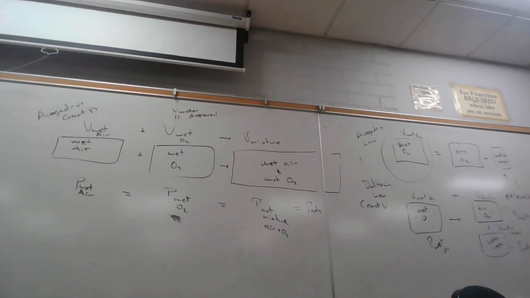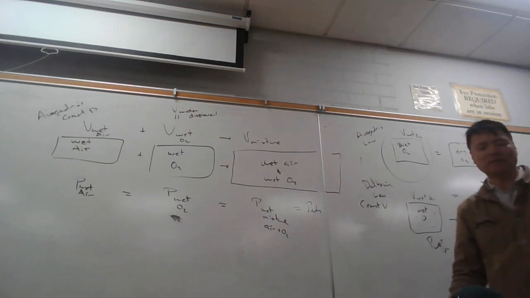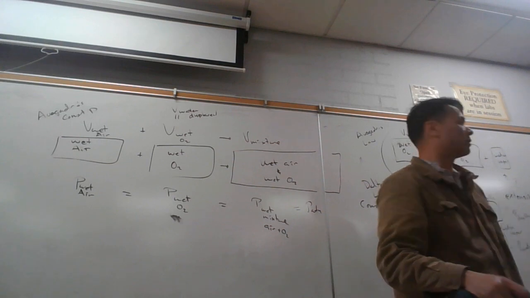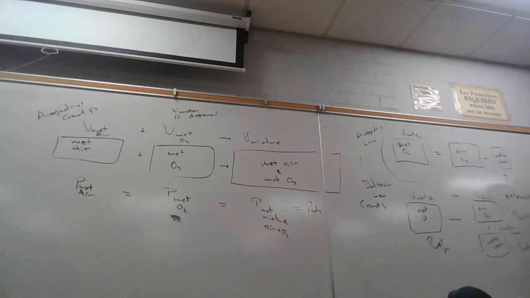The pressure of the water vapor turns out to be an intensive property. So for example, if it's 19.0 degrees C, we could look it up. It's in the table, located in our book. This is an intensive property that depends on temperature, and we look it up in the table.